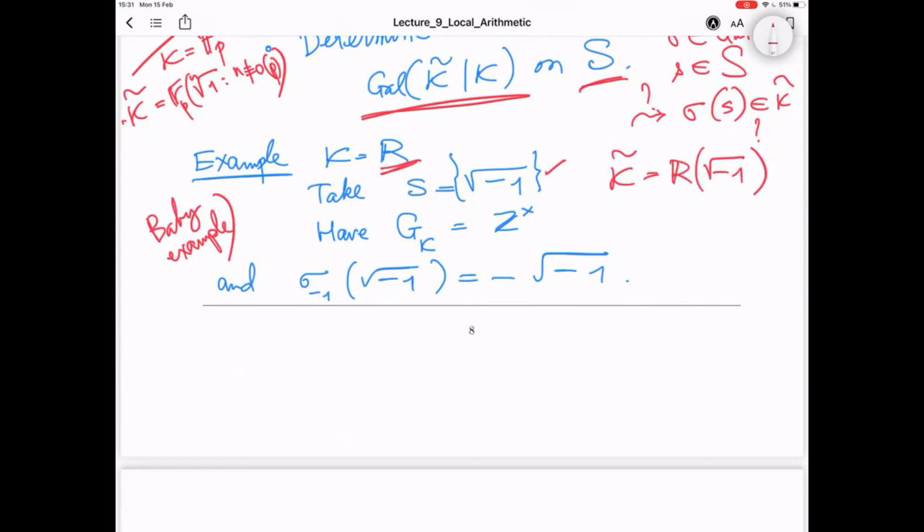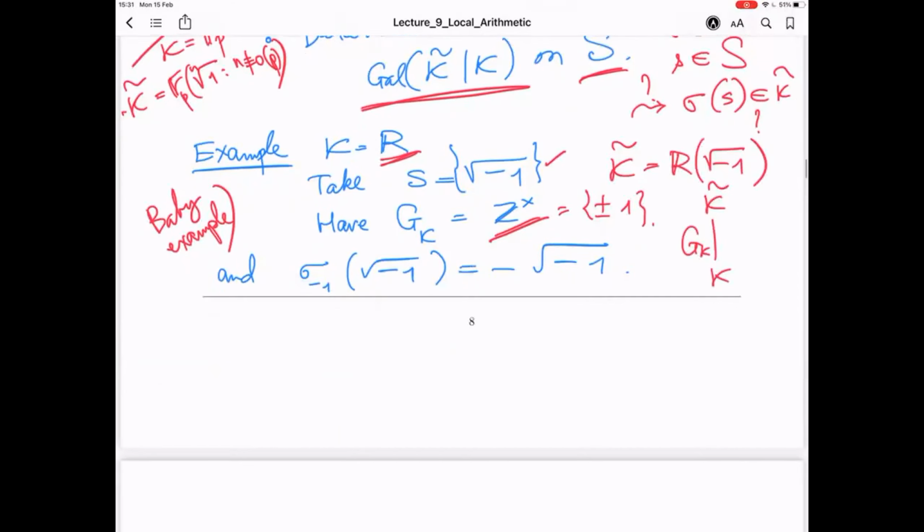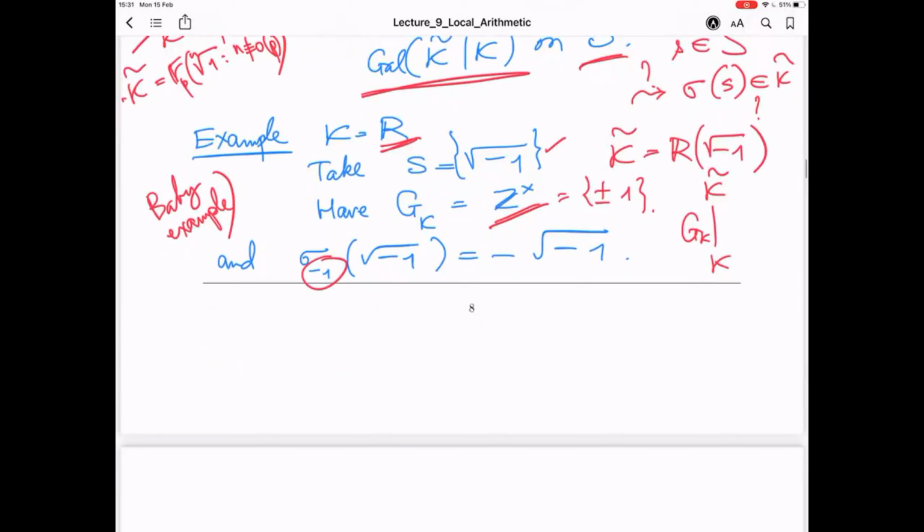And the Galois group G_K consists of just plus and minus 1. Of course, one doesn't have to say what the action of 1 is, because 1 is the identity. It leaves every element where it was. What is the action of -1 is more interesting. So -1 just sends the square root of -1 to minus the square root of -1.